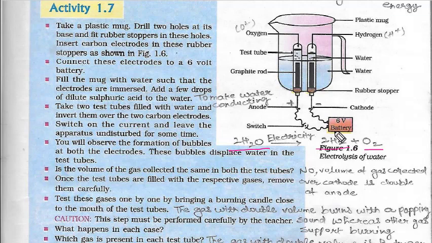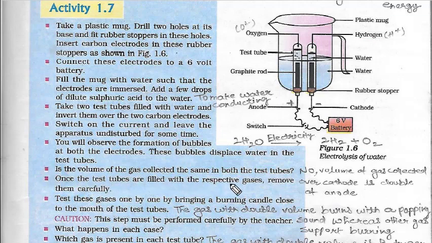You can also see here the empty space created by the hydrogen gas is double compared to the oxygen. This is because when two water molecules break, they form two molecules of hydrogen and one molecule of oxygen.